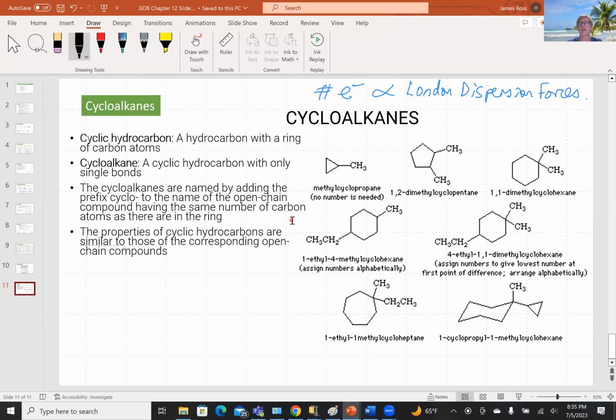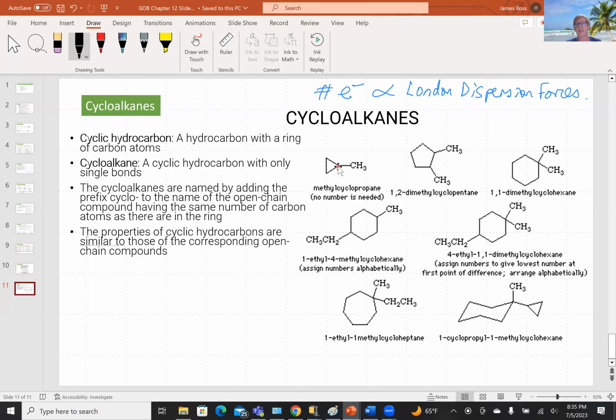By definition, the priority with acyclic alkanes or linear alkanes was to identify the longest continuous chain of carbons, and then assign the lowest possible number to any branch points. By definition, a ring starts with the branch point. So for example, here we have cyclopropane with a methyl group.